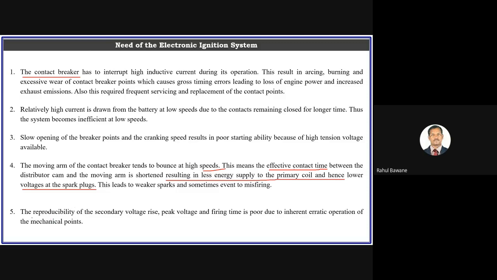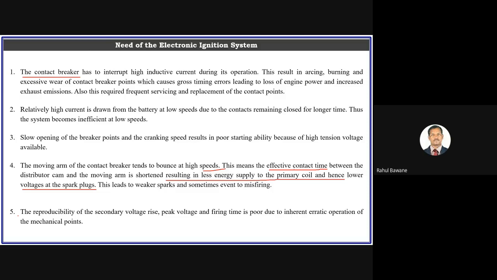The reproducibility of the secondary voltage rise, peak voltage and firing time is poor due to the inherent erratic operation of the mechanical point. So whenever there is a mechanical point, it has mechanical drawbacks.